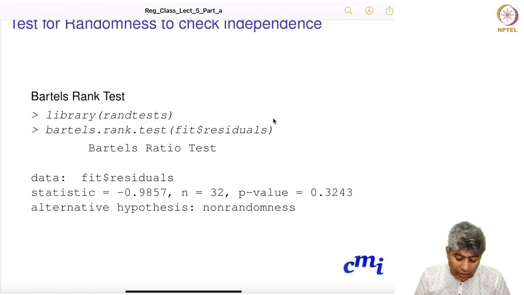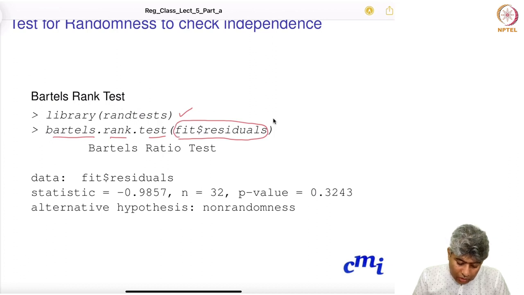We call the library randtests, and in it there is a function called bartels.rank.test, and you just supply the residual values from the fit.